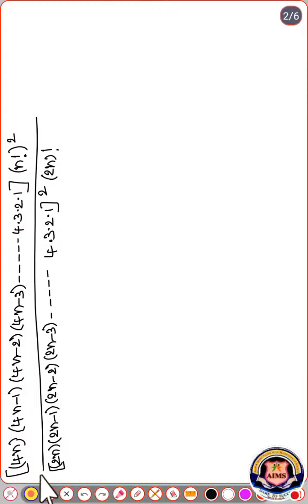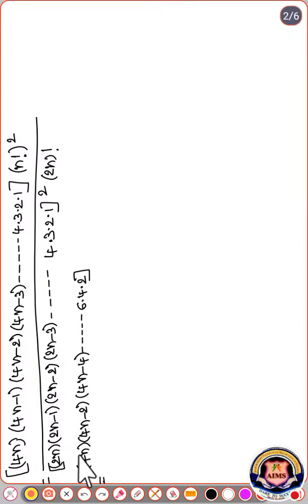After that, my dears, one more step. From this part I want to take even numbers in one bracket and odd numbers in one bracket. Even numbers means 4n, 4n minus 2, 4n minus 4 and so on, and lastly the even numbers 6, 4, 2. Just take 3 values.